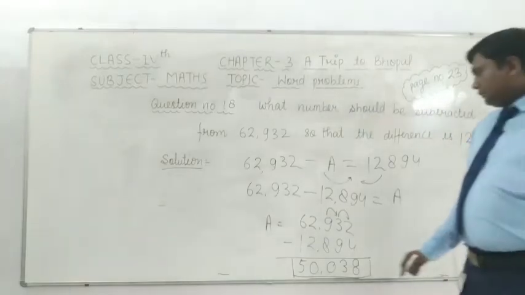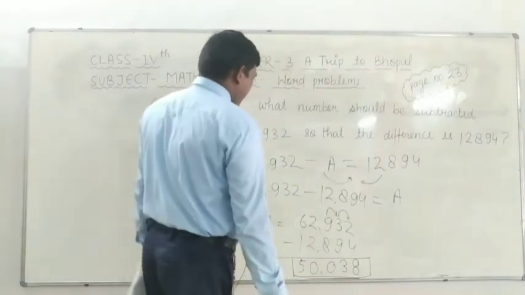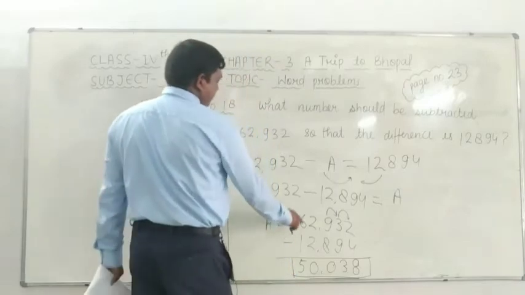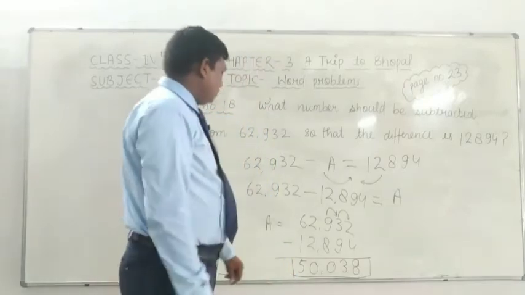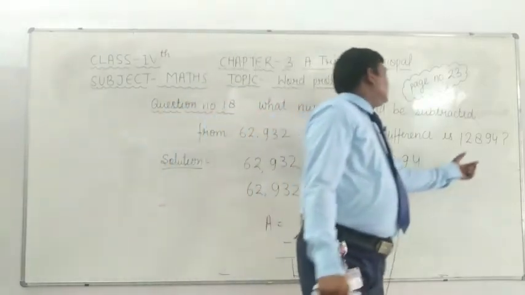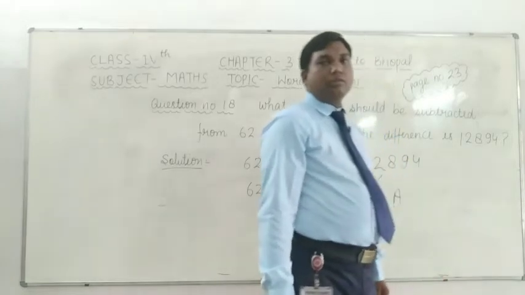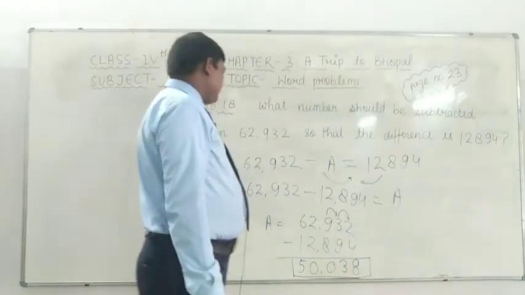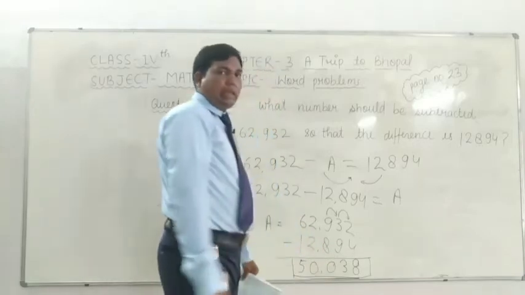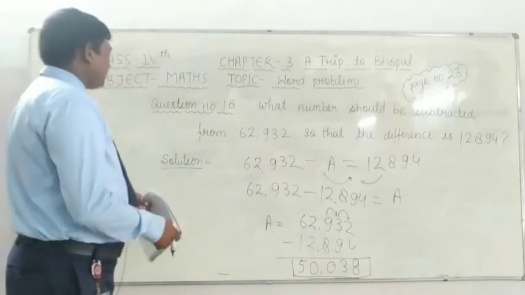It means that if we take the subtraction of 62,932 and 50,038, then we get the result 12,894. Okay, understand? Then the answer is 50,038.